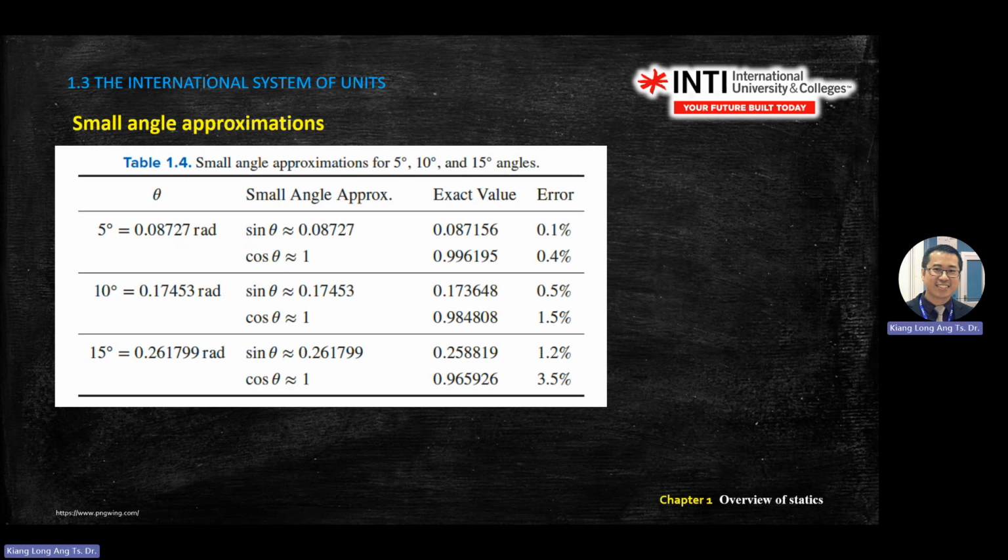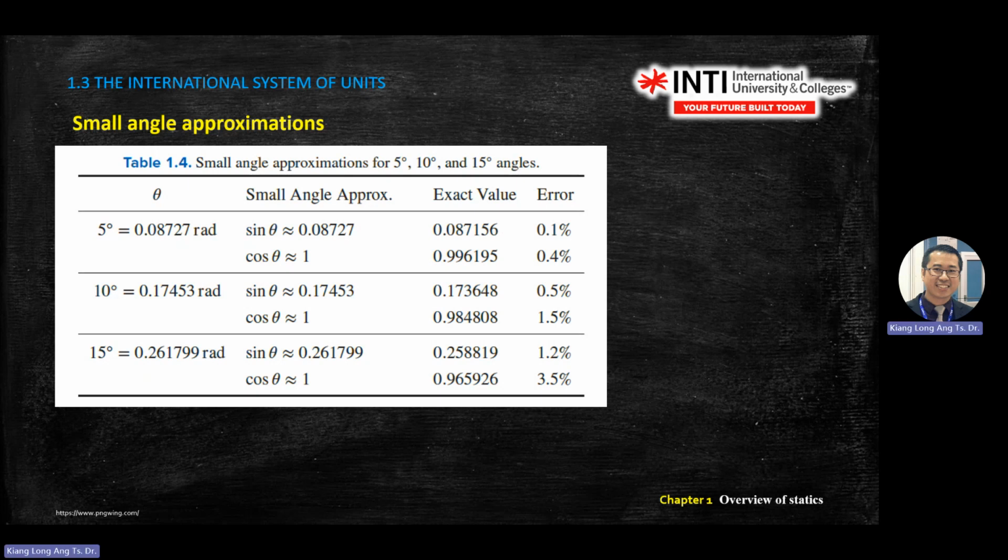Then just now in approximate method, this sine degree equal to 0.0872 something. This approximate method means this sine radian equal to radian.